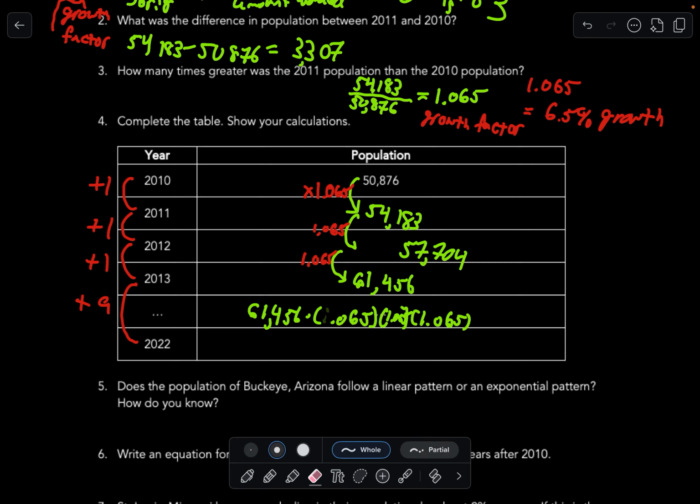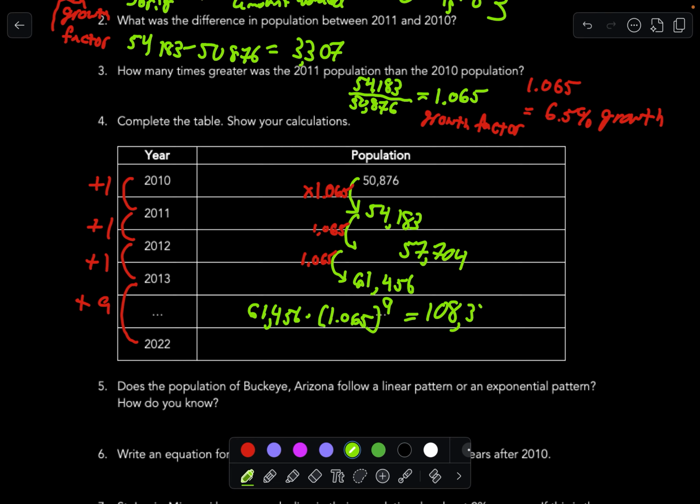But really, since we're repeatedly multiplying by 1.065, we can write this as 1.065 to the 9th power. And if you use your calculator, you would see that this equals, to the nearest whole person, 108,000.